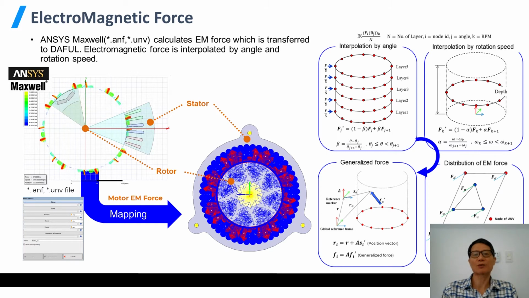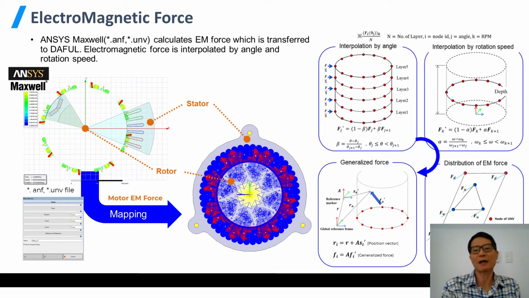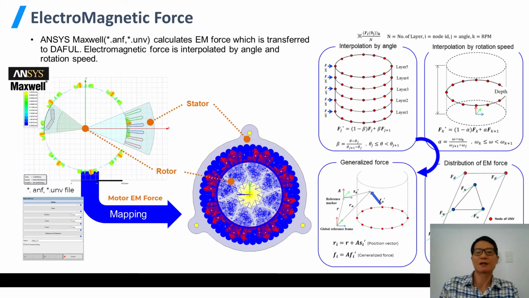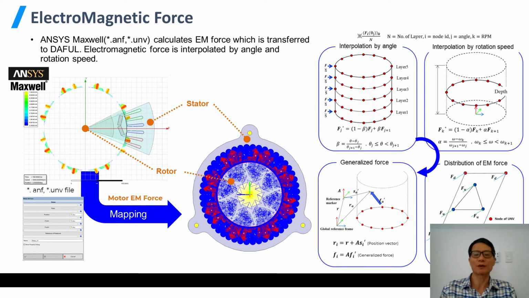Now, ANSYS Maxwell calculates the electromagnetic force, which is transferred to Tuple for the time domain analysis. ANSYS Maxwell analysis is carried out independently, so we produce a table of the torque and force at each different angle and rotational speed.